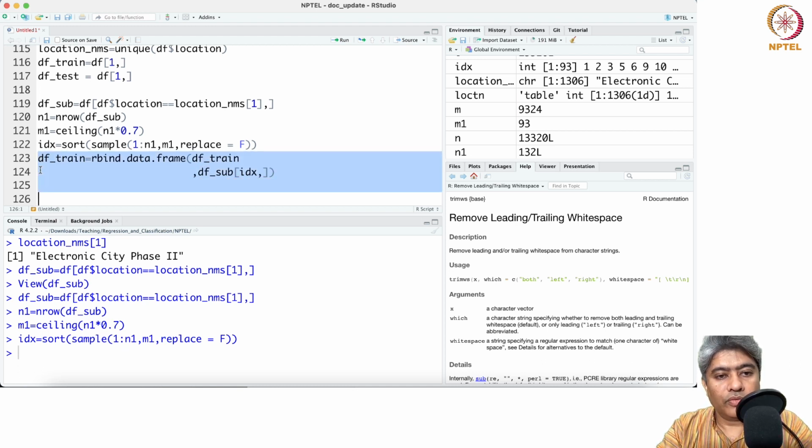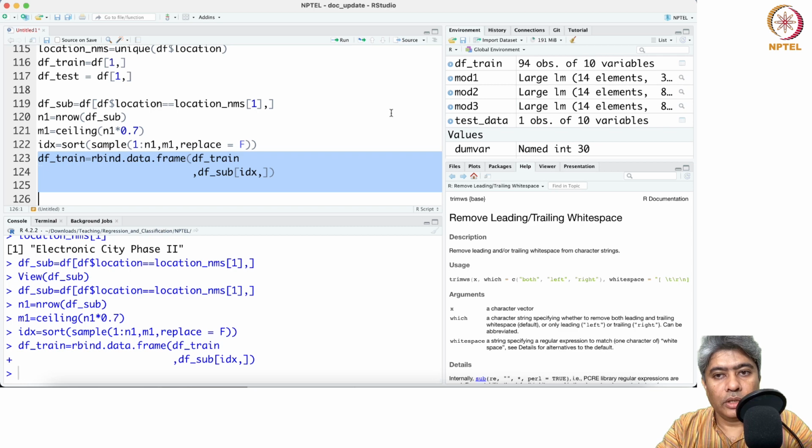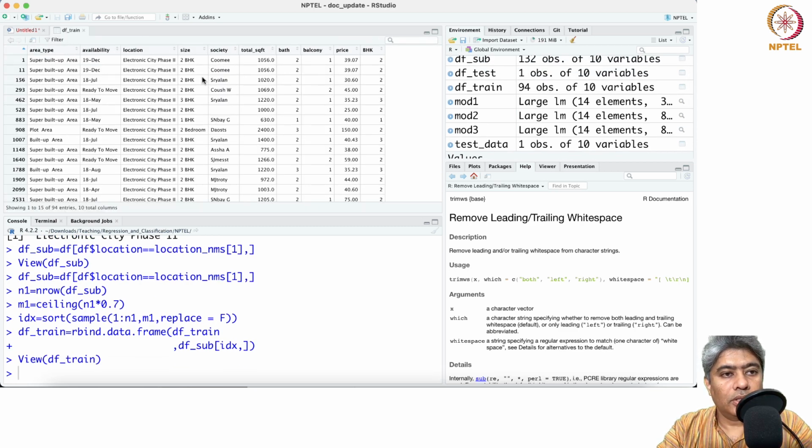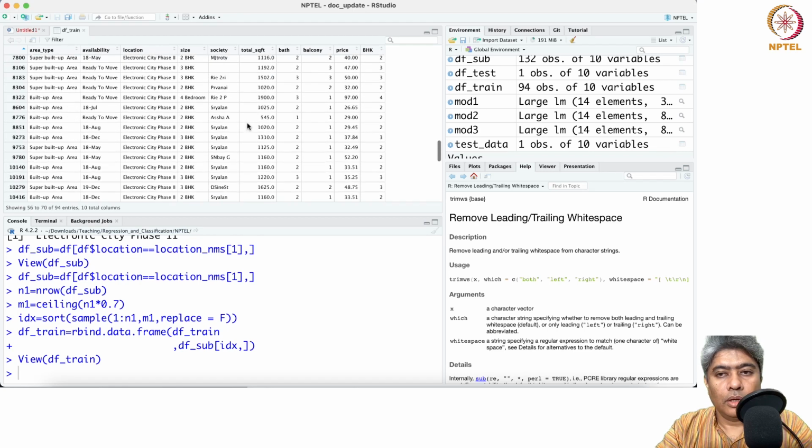So if I now do that, you have df train as this.